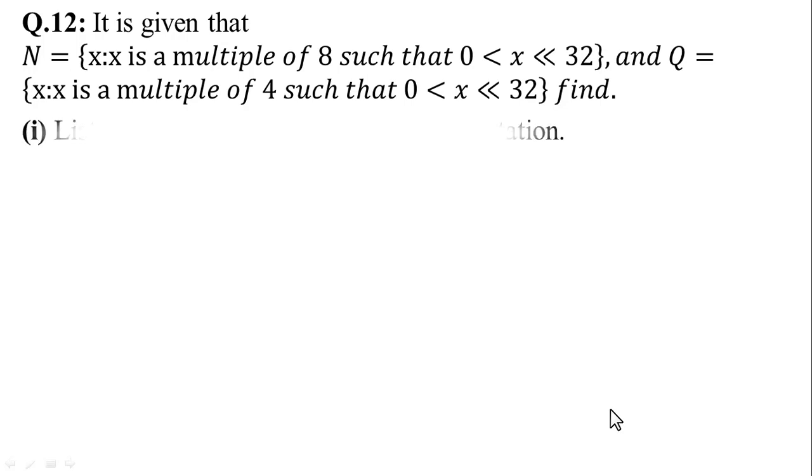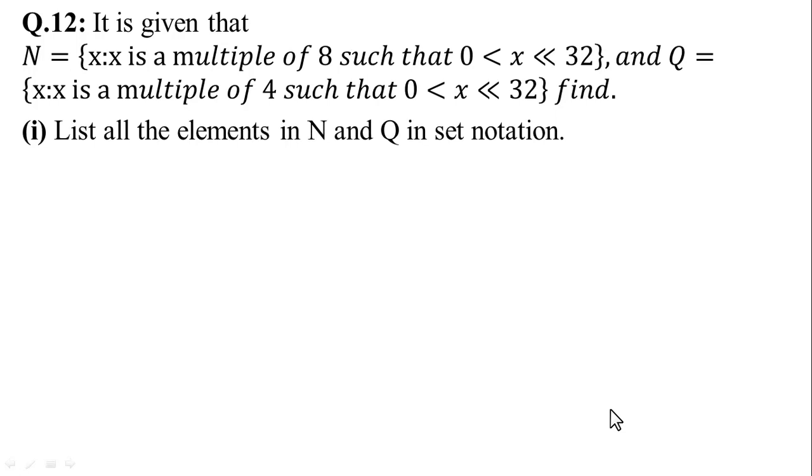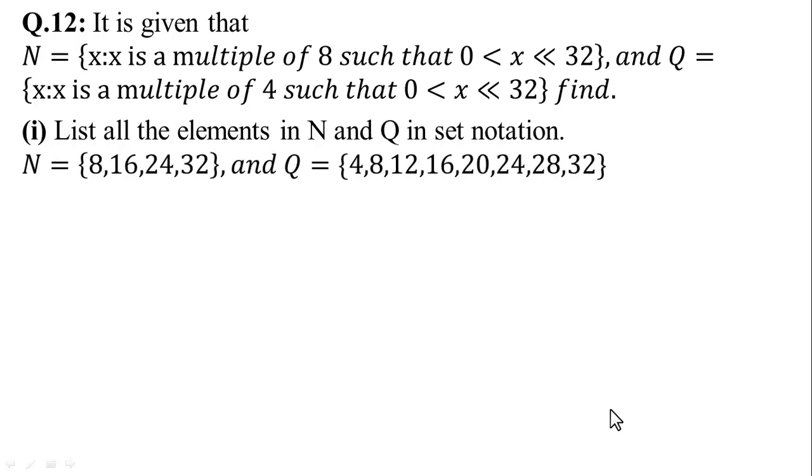In the first part, list all the elements of N and Q in set notation. First, the elements of N are the multiples of 8 less than or equal to 32: 8, 16, 24 and 32.